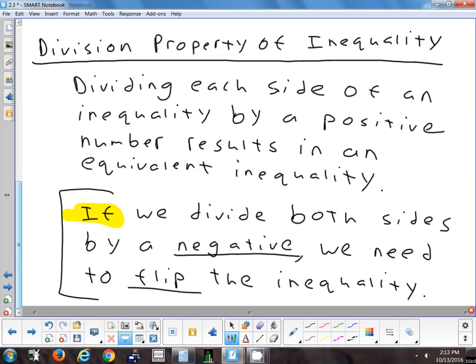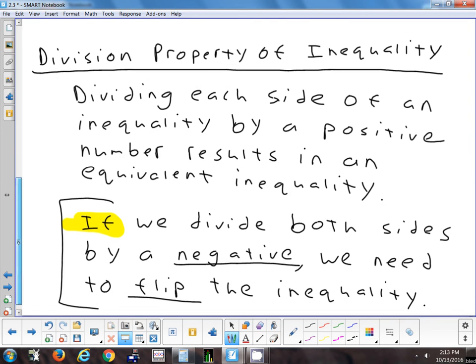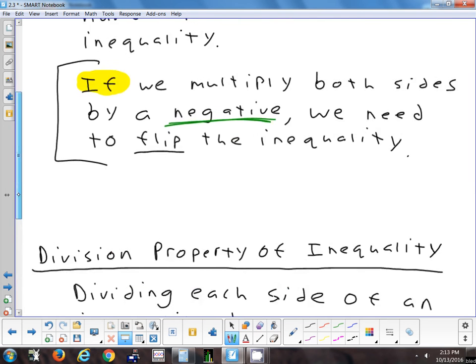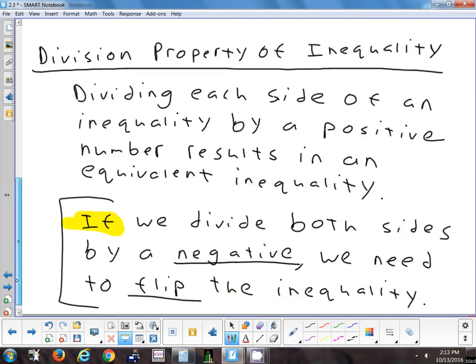What you do if you divide both sides by a negative? I do. And what you do if you multiply by a negative? They're the same thing. All you have to do is change the word multiply to divide.